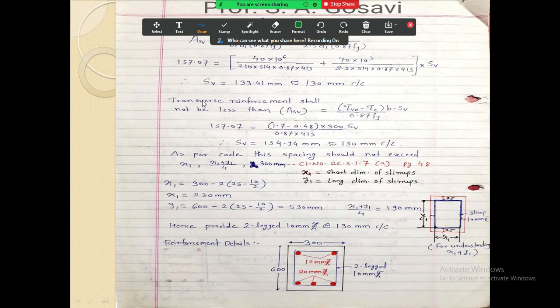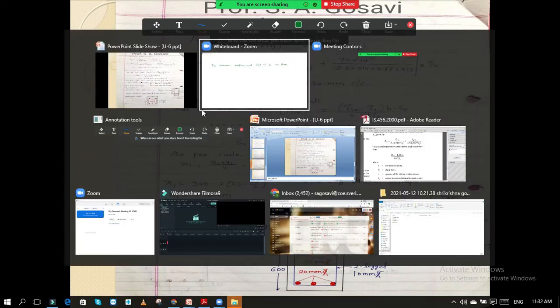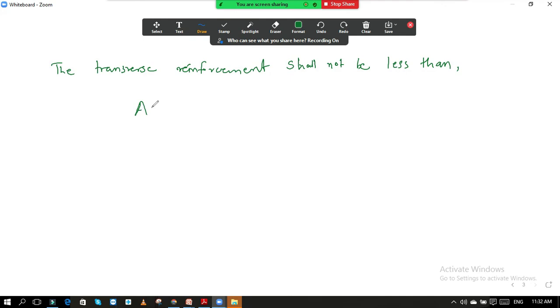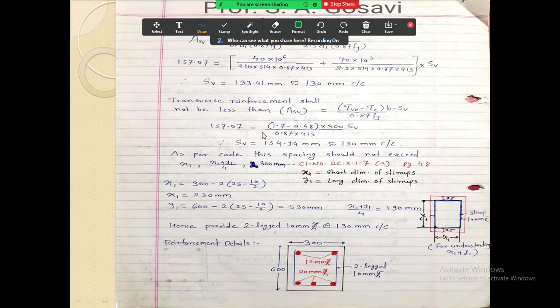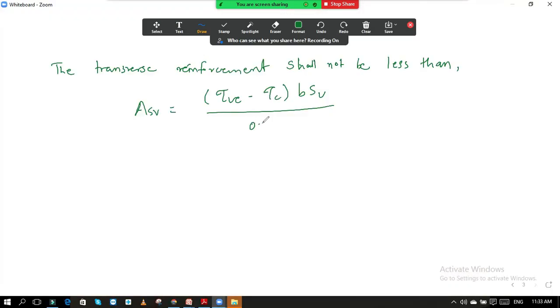It is ASV is equal to tau VE minus tau CV into SV divided by 0.87 FY. Now all these values are known to you. Only the SV is unknown.